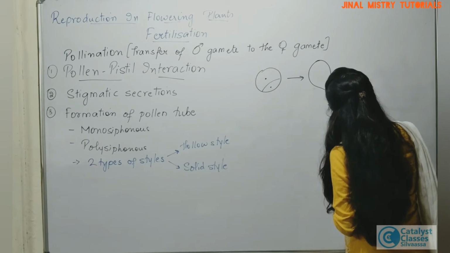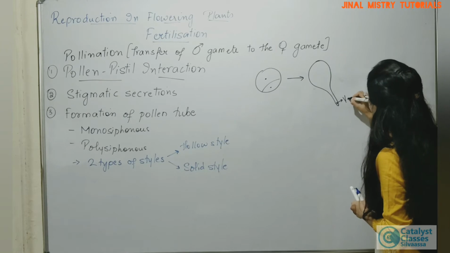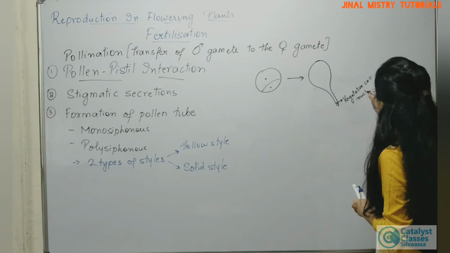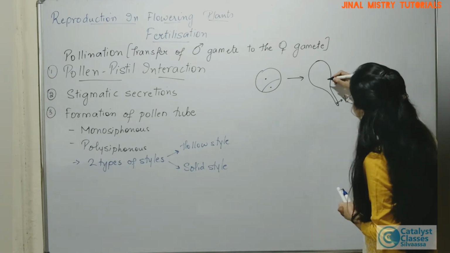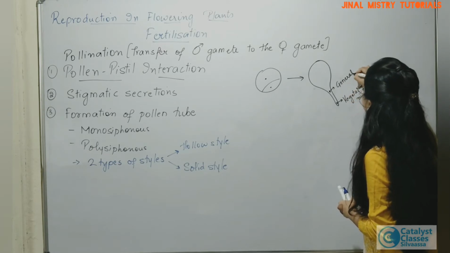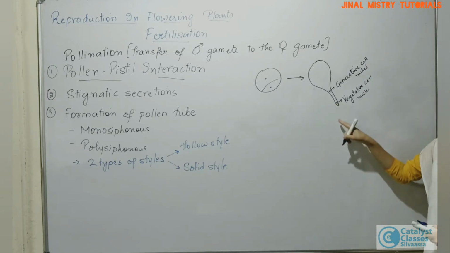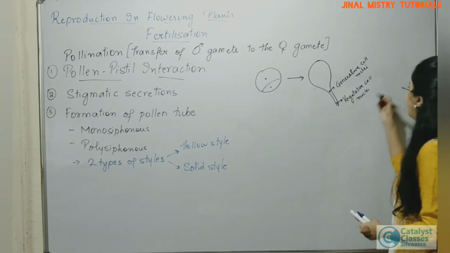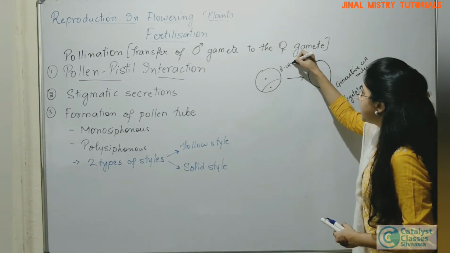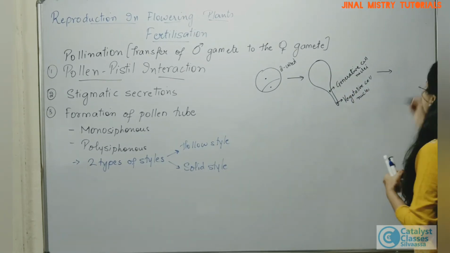This is the nucleus of the vegetative cell, which will be followed by the nucleus of the generative cell. The vegetative cell leads the formation of the pollen tube. What happens next is, since it is released at the 2-cell stage, the generative cell is now going to divide to form the 2 male gametes.